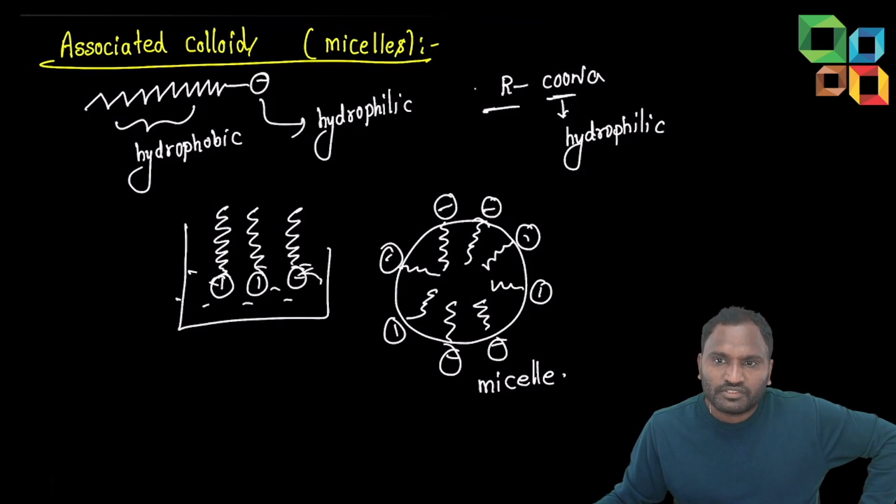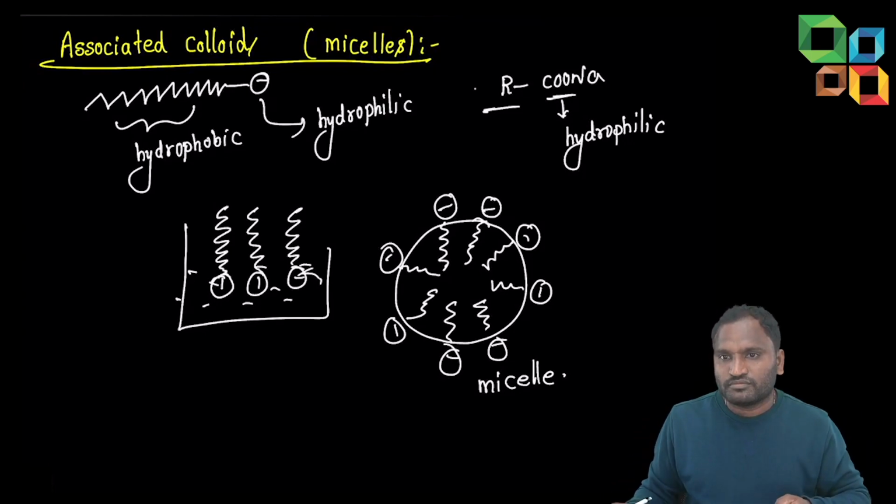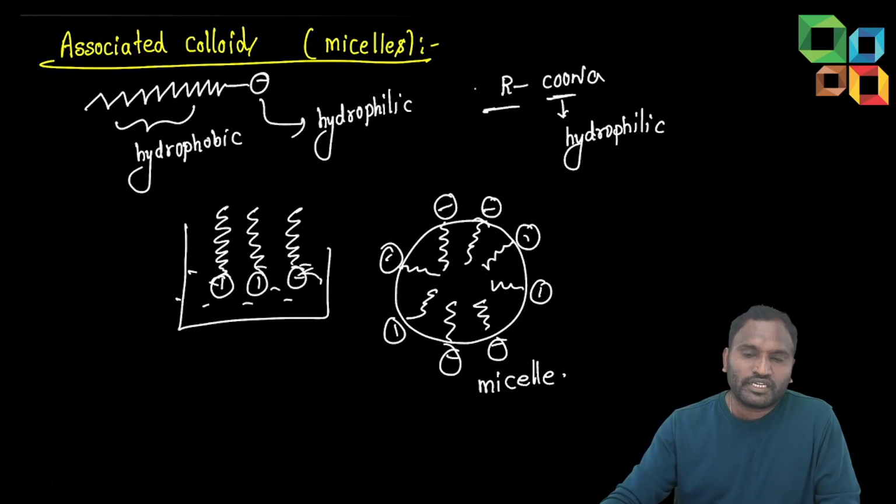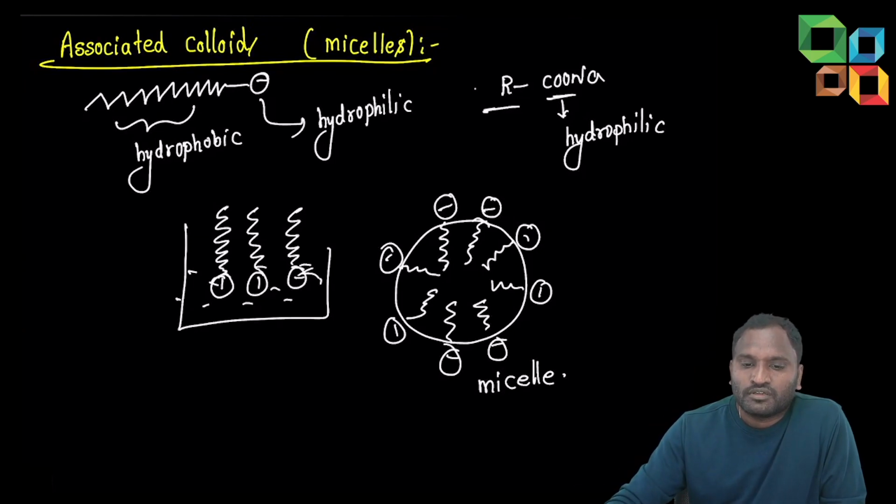That is how the micelle is forming. If they ask for the definition, write like this: there are some solutions that at low concentration behave as electrolytes, and at high concentration behave like colloids. These colloidal solutions are called associated colloidal solutions or micelles.